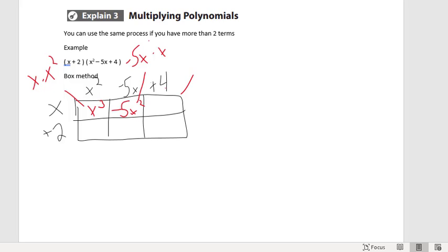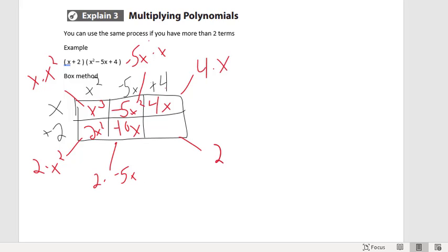This box will be 4 times x, which is just 4x. 2 times x squared, which is 2x squared. 2 times negative 5x, which gives me negative 10x. And finally, 2 times 4, which is 8.